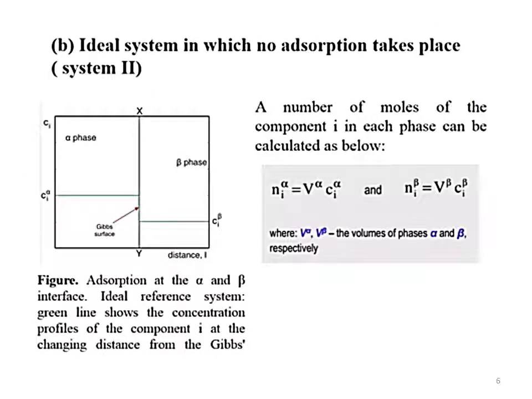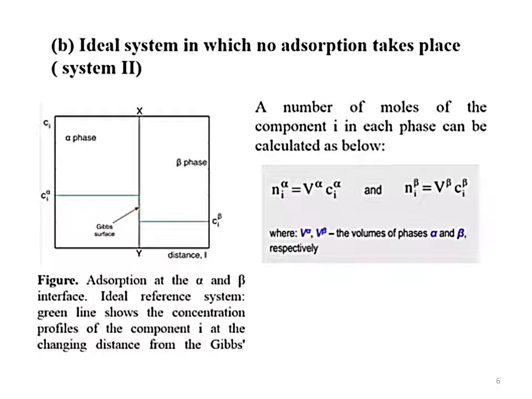Okay, now we go to our next slide. It is about the ideal system in which no adsorption takes place, which we call the reference system. In this system, a figure is drawn where the Ci alpha and Ci beta lines are straight lines. It means that in our two phases in contact there is a line xy.